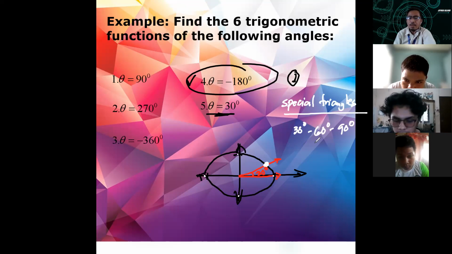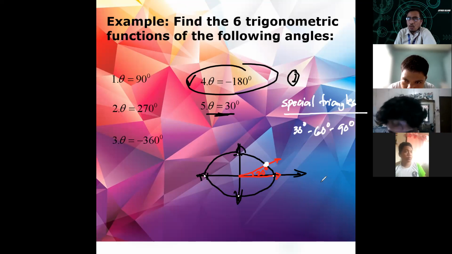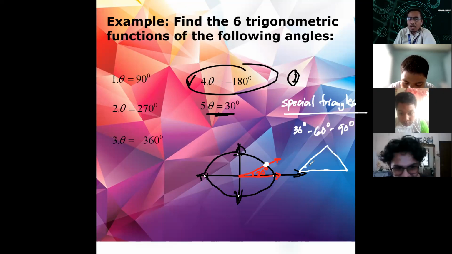The 30, 60, 90 degrees special triangle is formed when you have an equiangular triangle. If you say equiangular, this is 60 degrees, 60 degrees, 60 degrees. And you are going to separate it into 2. This is 90. So somewhere here, it will be 30, and this portion will be 60.